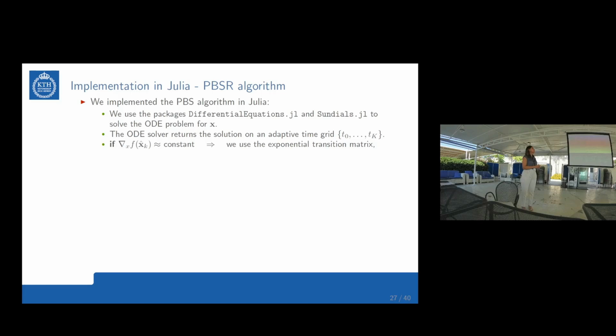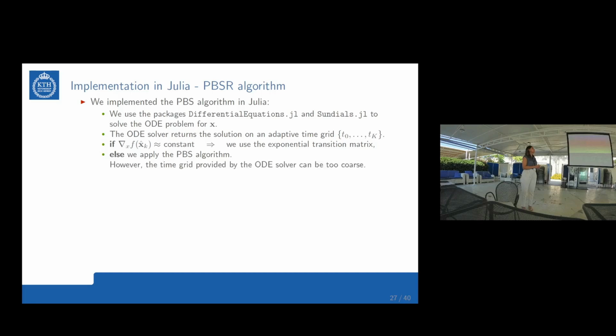Then we check at each of the time steps if the gradient is approximately constant. If it's approximately constant, then we can rely on the first theorem that I showed you, the one with constant matrices. So we use the exponential transition matrix instead of considering all the series and truncating and approximating the integrals. Otherwise, if the gradients are not close to constant, we use the PBS algorithm.